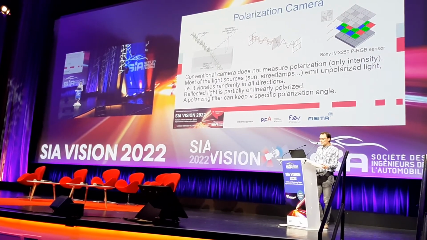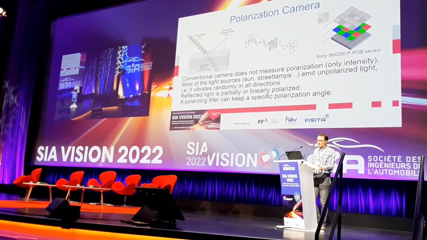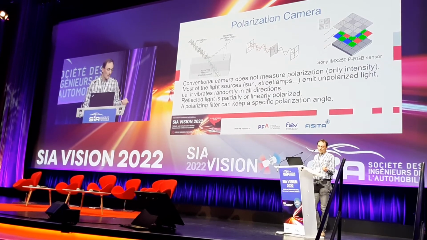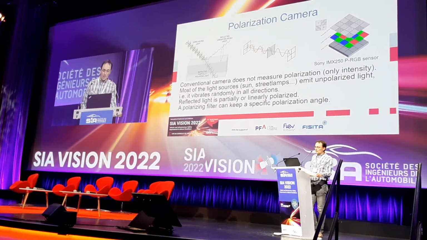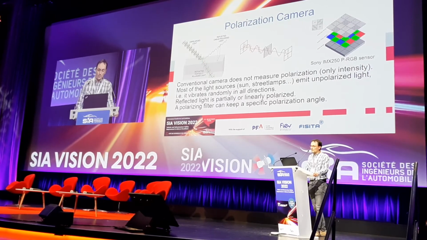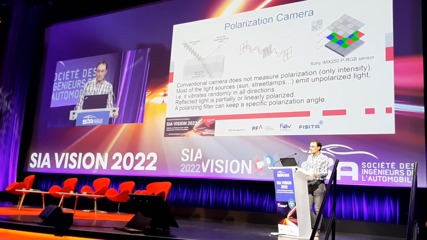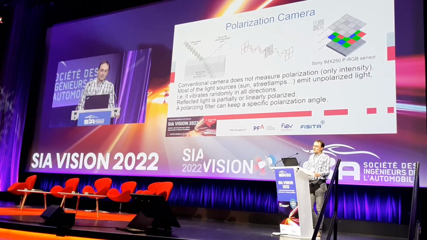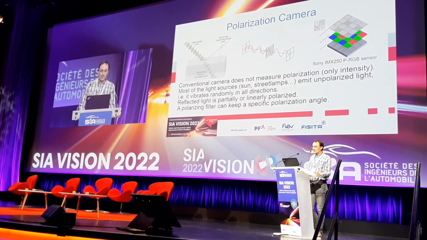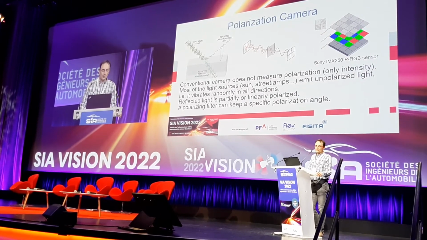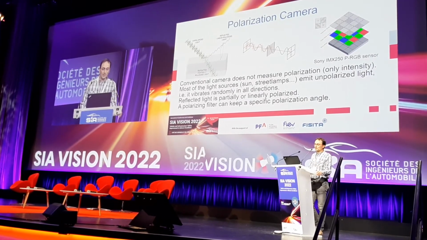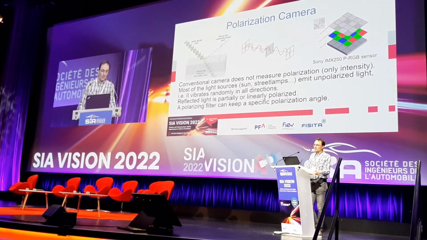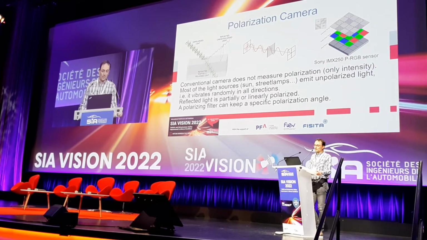You can filter the light thanks to this characteristic, and you can get robustness to specific glare and reflections. On the right illustration is a new Sony sensor, a polarization sensor, which has the Bayer array and a polarizer array in different angles of polarization to keep only specific angles, and then we can fuse the information to get the best view we can.